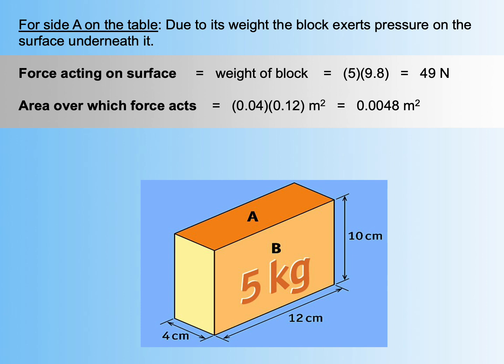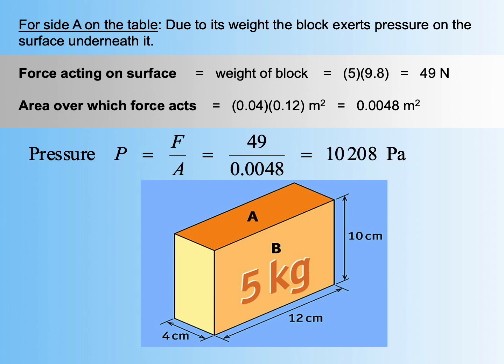We then have enough information to work out the pressure acting on the table if side A is sitting on the table. Our formula for pressure is force divided by area: 49 newtons divided by the area of 0.0048.